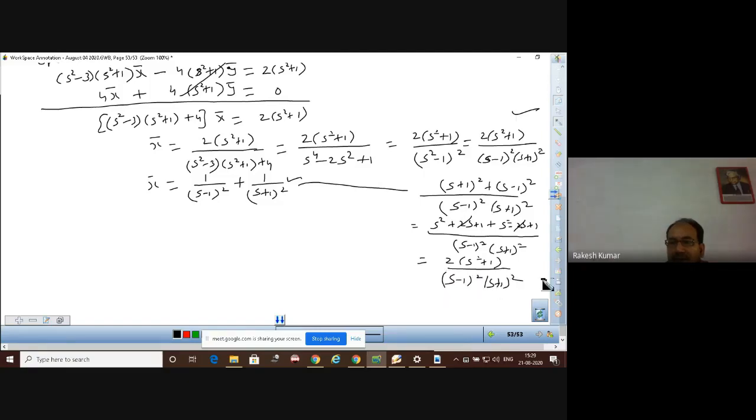So ultimately we are getting the same term, and that is why we can write the term like this.